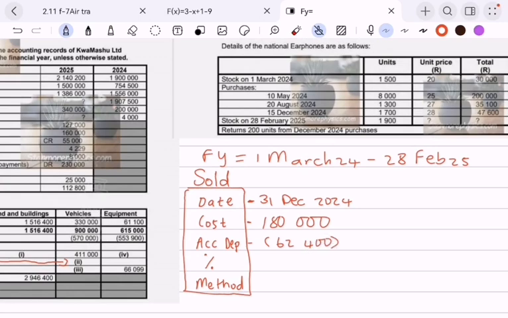And you know the method. Your cost minus your accumulated depreciation, you get your carrying value. So let us determine our carrying value at the beginning. That is going to be 180,000 minus 62,400. Then you will get your 117,600. Simple and easy like that.